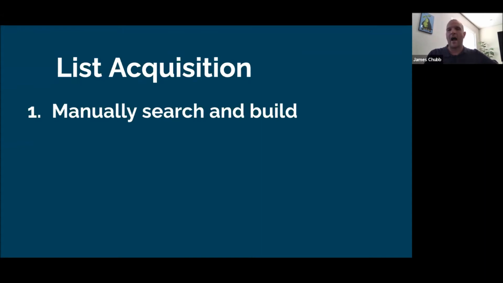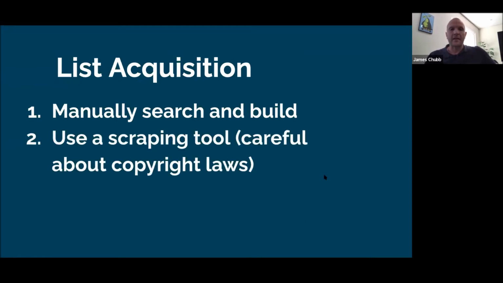I'd say a high percentage of our customers do that, especially the more niche directories. The second thing is you can use a scraping tool. There's a bunch of desktop or web-based scraping tools that go out to other websites, Google, etc., scrape lists of data, and then you can import those.